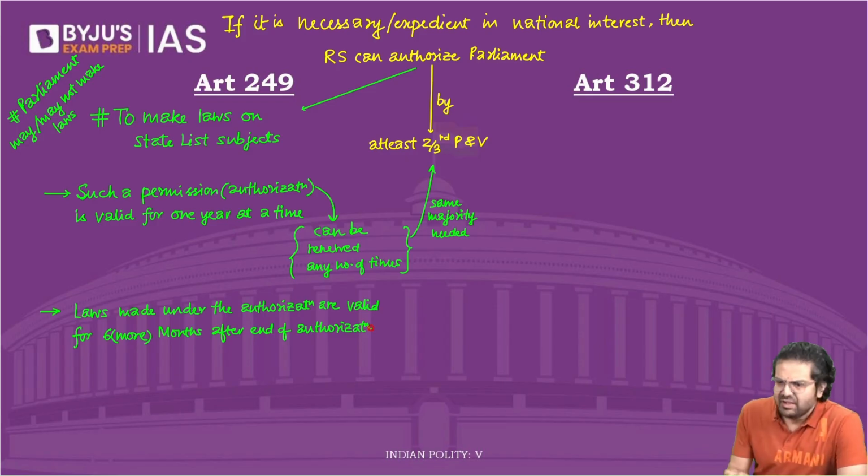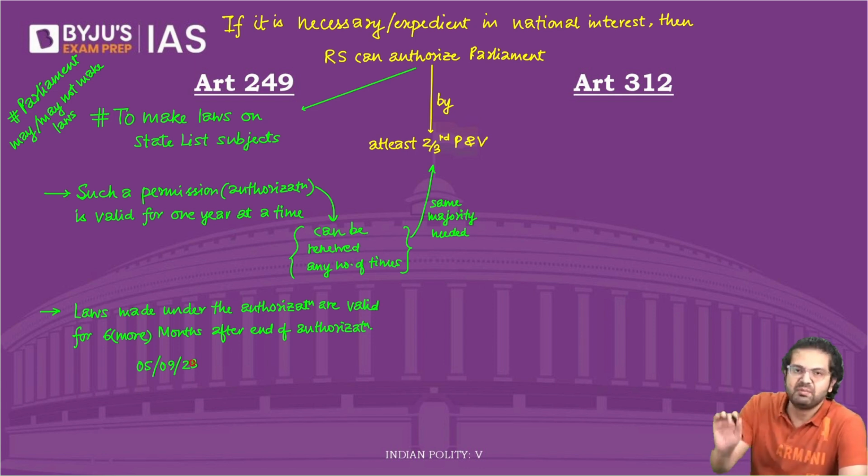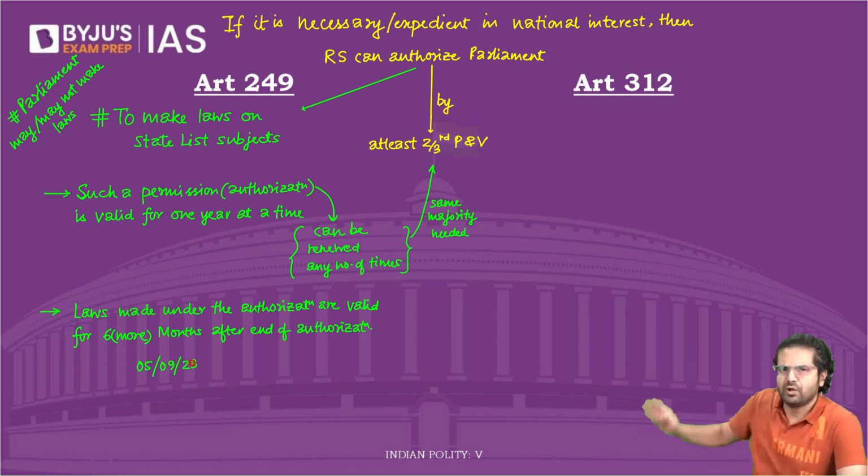Wait. I'll explain through dates also. Take an example. Let's say on 5th of September 05/09/2023. Today, what happened? The Rajya Sabha gave permission that Parliament go and make laws on the matter of police for Rajasthan.